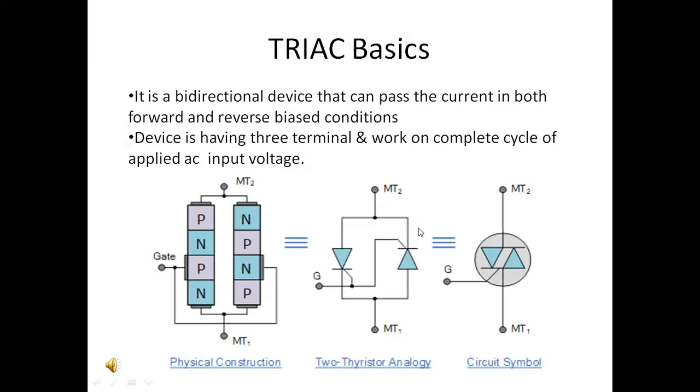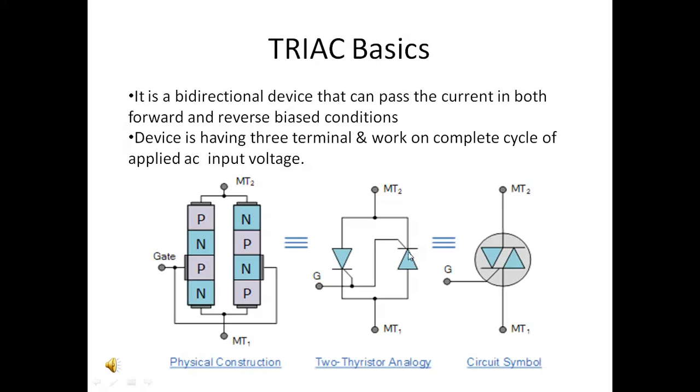As you can see in the circuit symbol, if I bifurcate this particular symbol, it is a combination of two SCRs. Let us consider this as SCR1 and this as SCR2, and the two terminals we are naming MT1 and MT2.